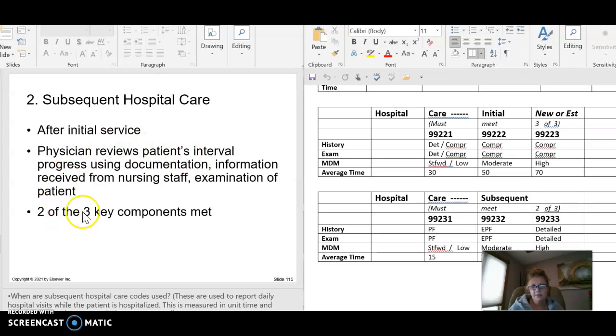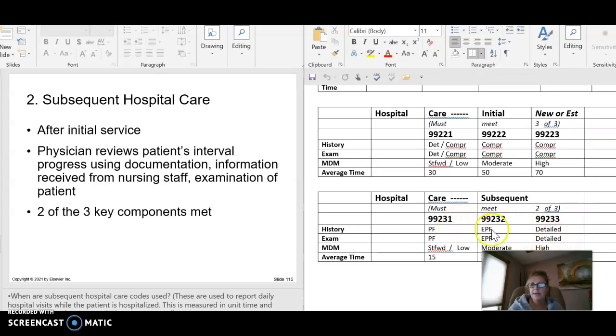Subsequent is only 2 out of 3 key components because, like I stated before, you've already done the history, so you don't need to do the history for a subsequent visit. Let's do an example.